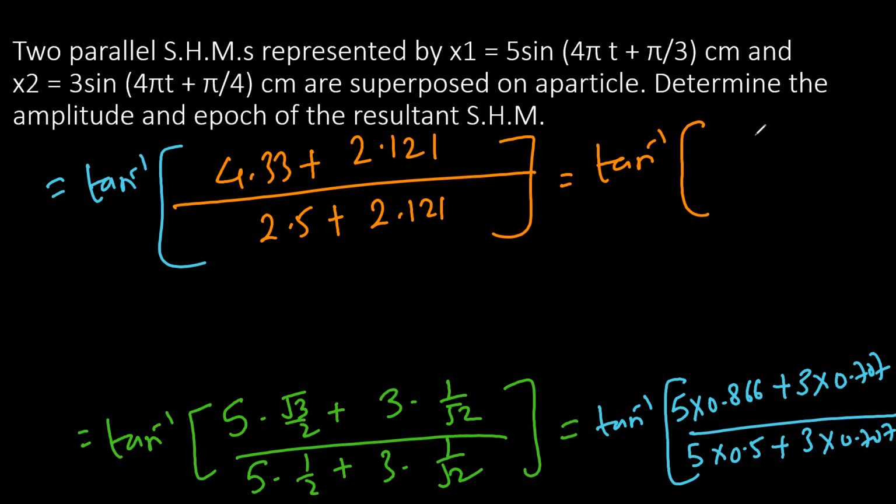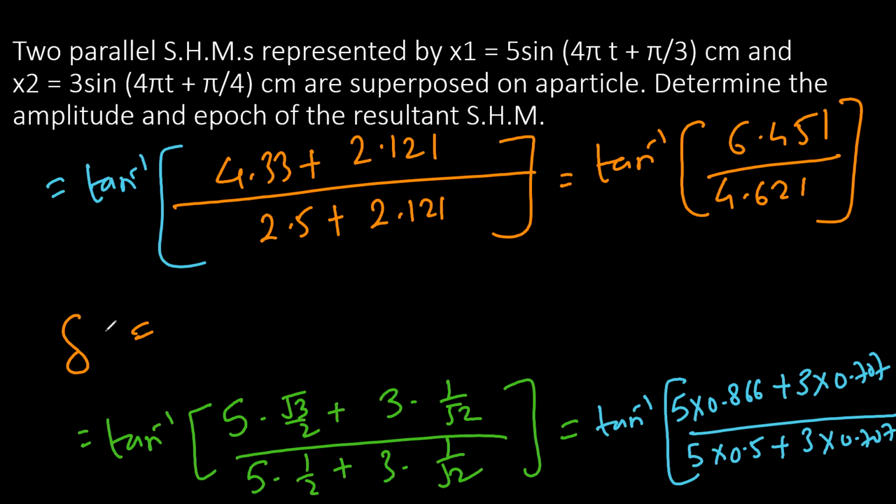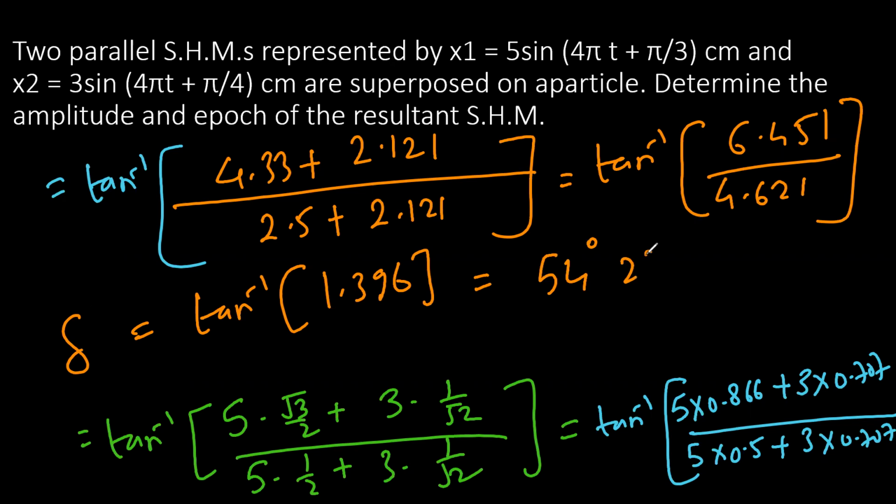Tan inverse of 6.451 upon 4.62. Now you need to use the log table. If you use the log table and divide both, we get 1.396. And if you use the tan inverse, the answer is 54 degree 23 minutes. That's your final answer. Done.